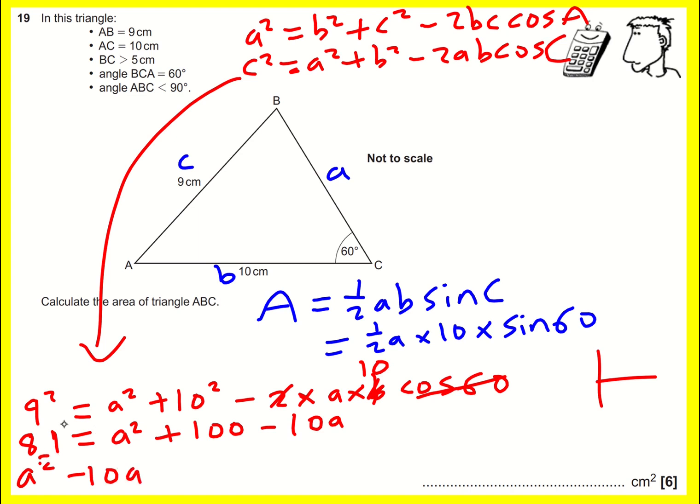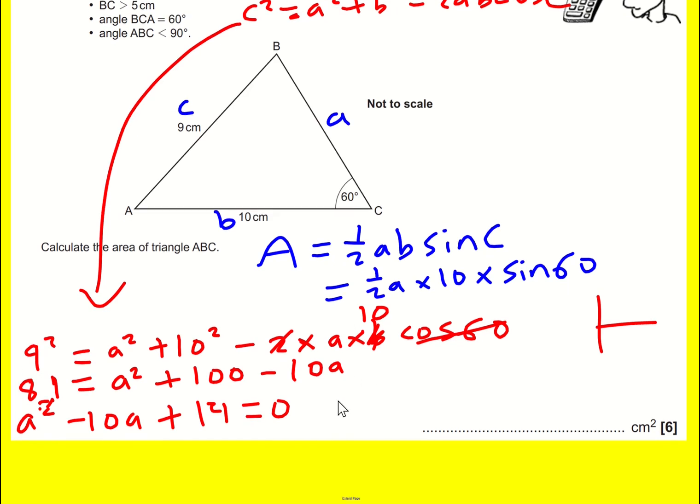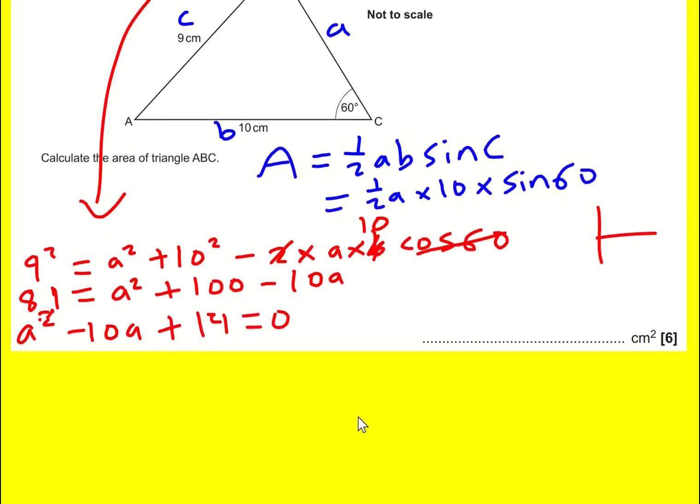I've now got a quadratic, so I'm trying to set it equal to 0. I'm going to minus 81 from both sides. It's going to be plus 19 equals 0. Okay, this is not going to be a nice answer. I'm going to need to use the quadratic formula to work out what a is.